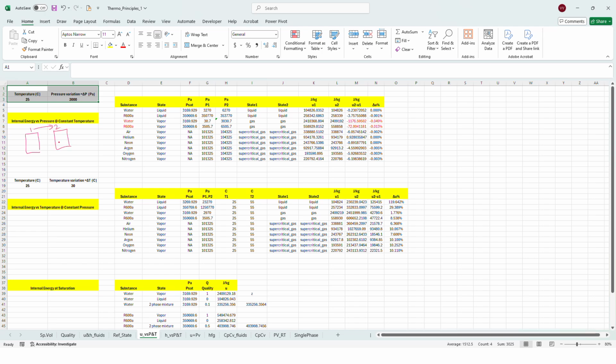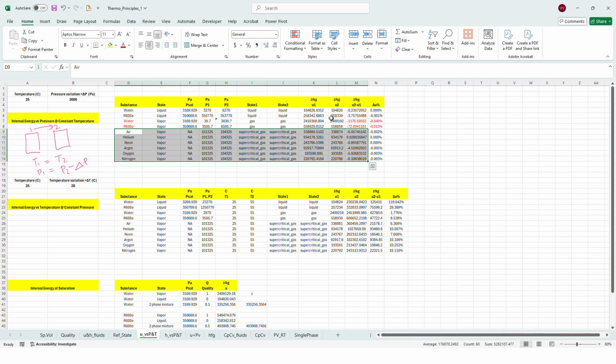So T1 is equal to T2, and P2 is basically higher than P1. That delta P is 3000 Pascal. And we have water as a liquid, water as a vapor, R600 as a liquid, R600 as a vapor, and a lot of gases.